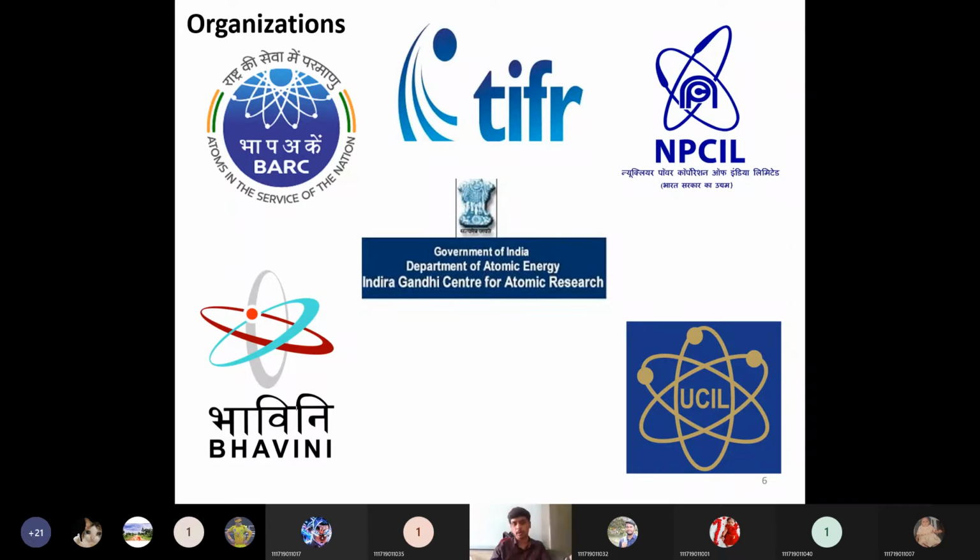All these centers are controlled by the Government of India, Department of Atomic Energy. These are the organizations responsible for conducting research on nuclear energy production and also for the production of nuclear energy in India. They undertake all the R&D activities and production activities.